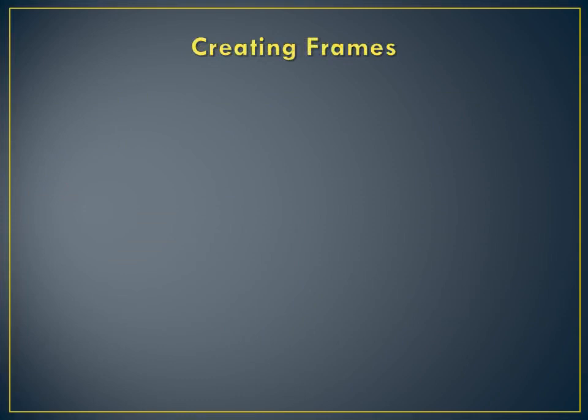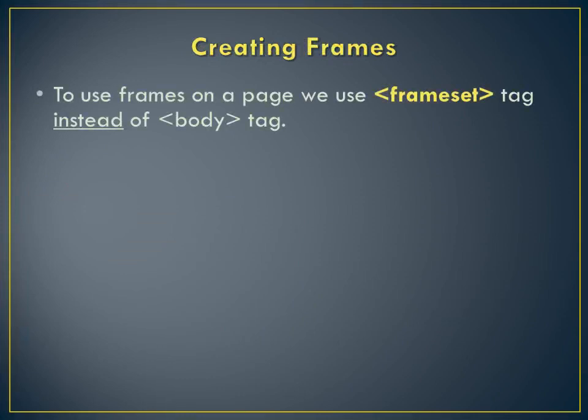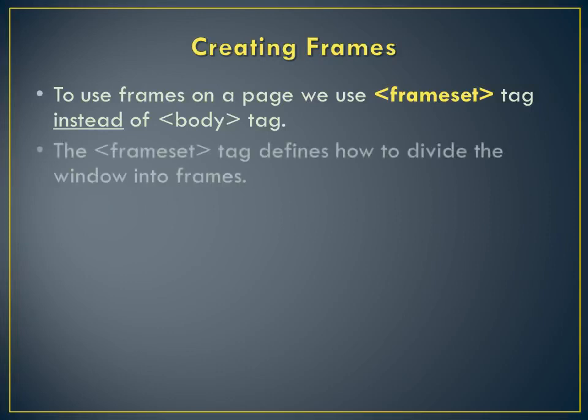In creating frames, we use what we call the frameset tag. Instead of using the body tag, we use the frameset tag that will divide this page into different browsers. The frameset tag defines how to divide the window into frames.